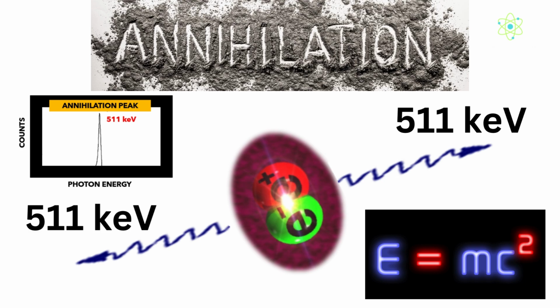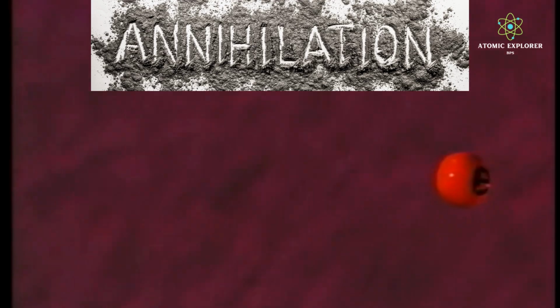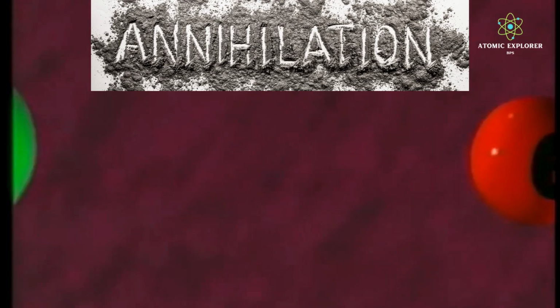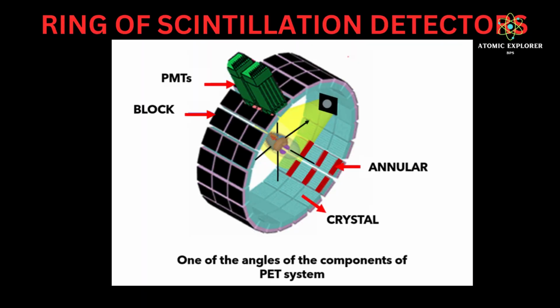The gamma photons produced by annihilation are detected by a ring of scintillation detectors surrounding the patient. The detectors record the location and timing of gamma ray events.